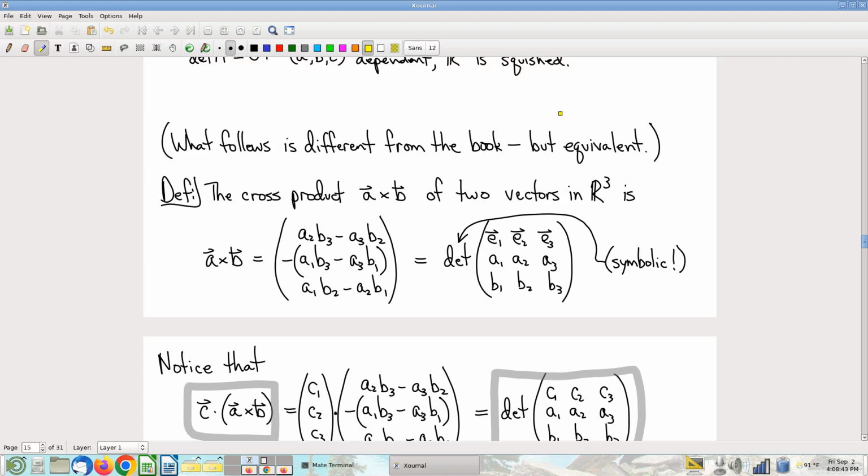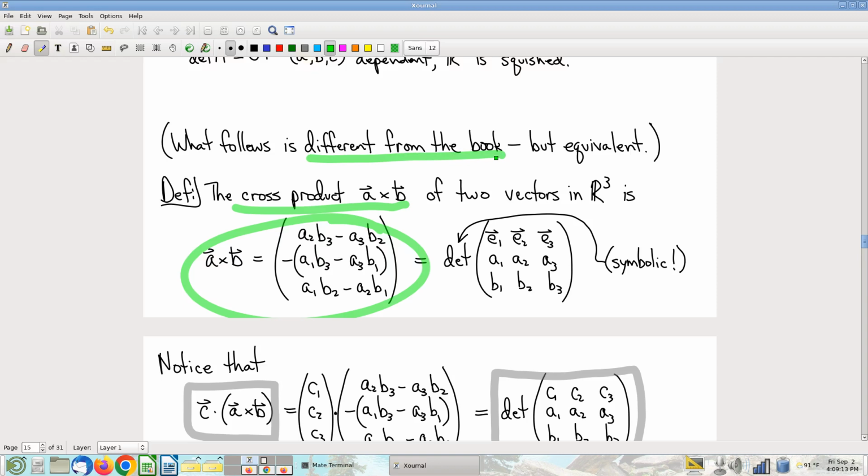Again, you're not responsible for the proofs that I'll be waving my hands at, sadly, because the proofs are beautiful and I love talking about them, but we just don't have time. So starting off with the definition, here's the definition of the cross product. It's a formula. I will recognize that the way I'm presenting these ideas is different from the way the book does.